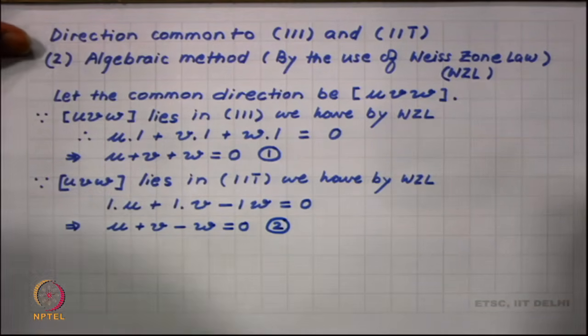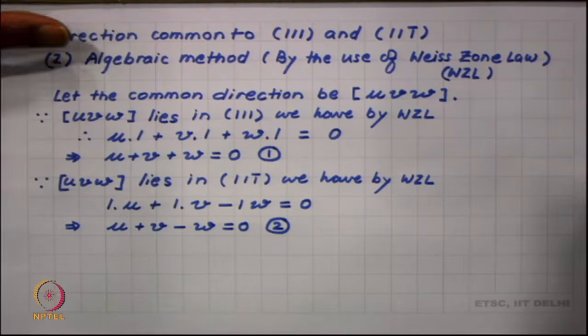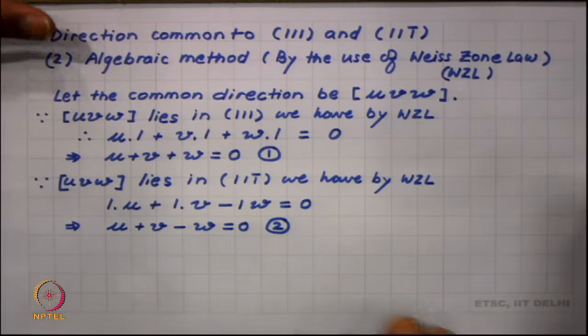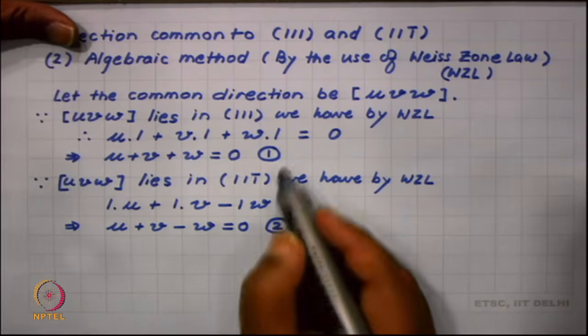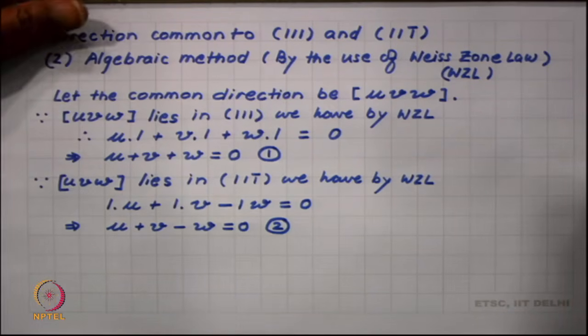This is our second relation. Now, just by taking these two relations together and manipulating them, we can find the direction UVW. Of course, we have only 2 equations and 3 unknowns, but really there are not 3 unknowns, but 2 unknowns, because remember that we only need to find the ratios of UVW and not UVW independently. So, these 2 equations are sufficient to solve our problem.